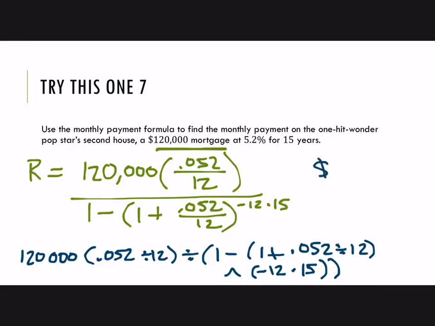And that should give you a monthly payment. Here's hoping you get this number, $961.50. So still expensive, but a bit more reasonable for a monthly payment on her second home.